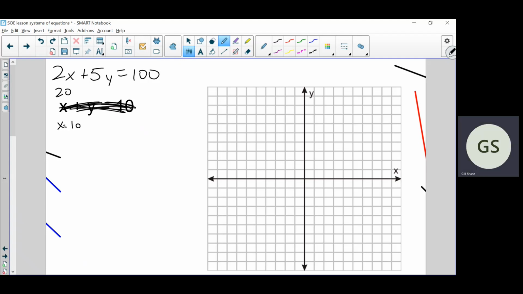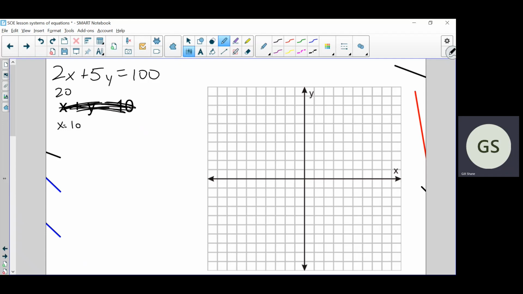So what does the 5y need to wind up being? What plus 20 is 100? 80, right? So this needs to be 80.